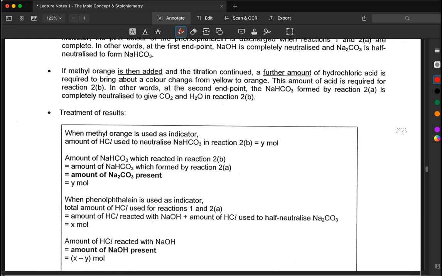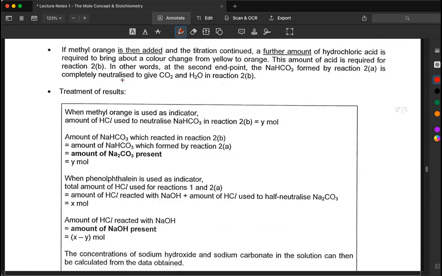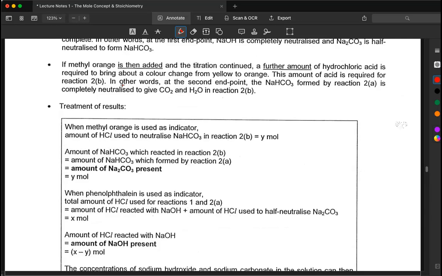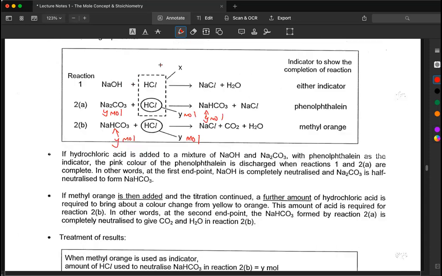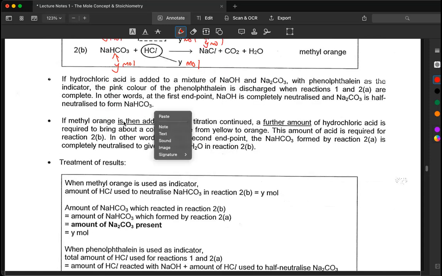So the amount of HCl reacted with NaOH plus the amount of HCl to half neutralize Na2CO3 is X. So if you want to find out how much NaOH is present, you take X minus Y. So this together is X, which means you use phenolphthalein for both of it. But you know that this alone is Y.